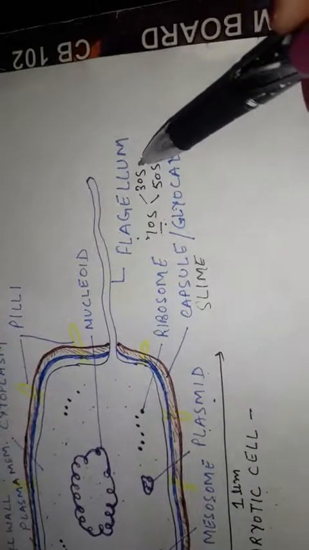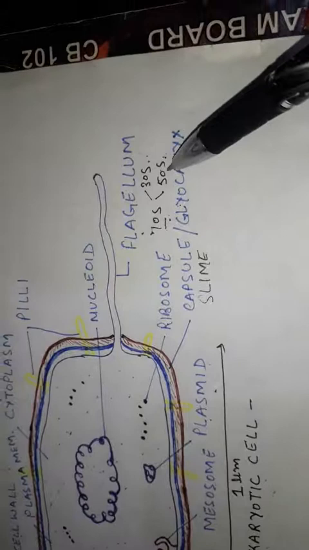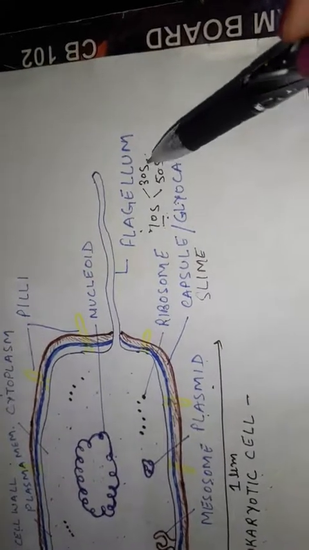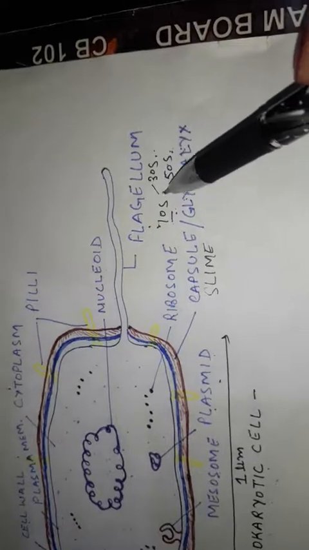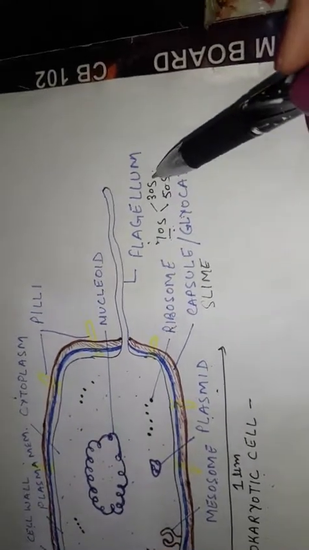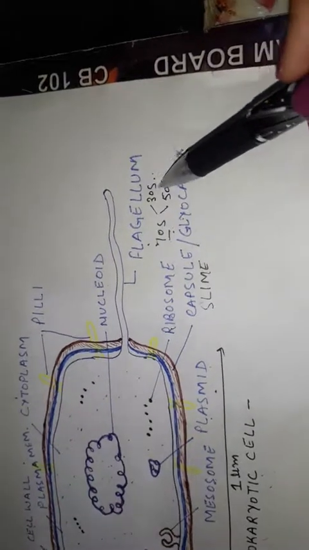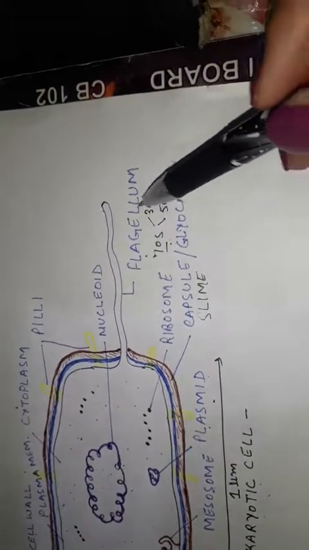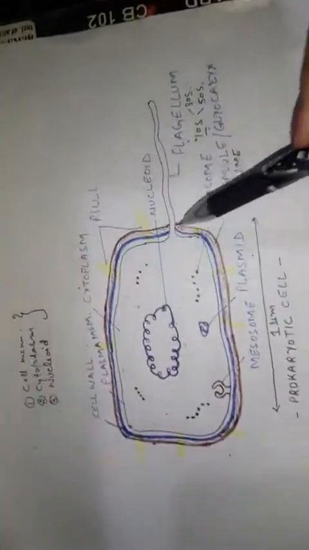The smaller subunit is of 30S type, while the larger subunit is of 50S type. As you already know, S stands for the Svedberg coefficient or the sedimentation coefficient. So these two subunits together constitute the 70S type of ribosome.